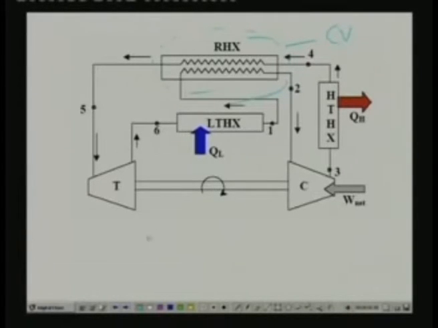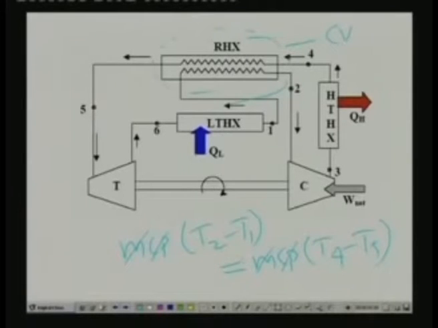The energy gained by the cold stream is mCp into (T2 minus T1). This should be equal to the energy lost by the hot stream, which is mCp (T4 minus T5). In this cold air standard cycle analysis, the Cp value remains the same and the same mass is flowing, so these values get cancelled.